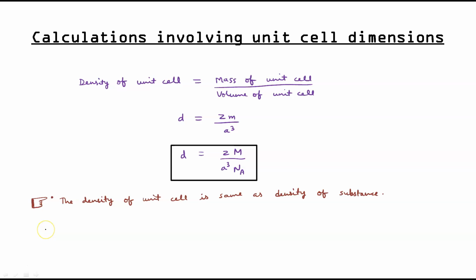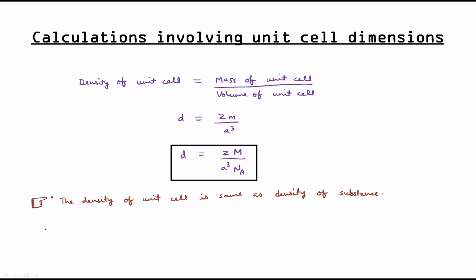Now comes calculations involving unit cell dimensions. For calculating unit cell dimensions, we have a formula of density. Density of unit cell. From the dimensions of unit cell, it is possible to calculate volume of unit cell.